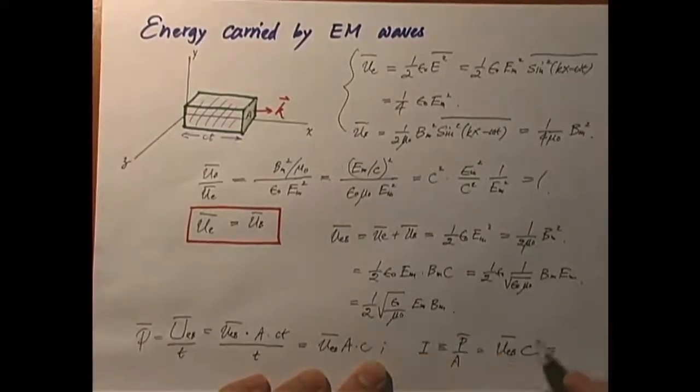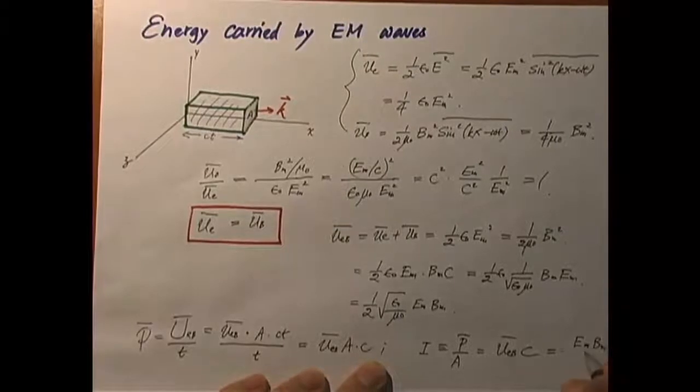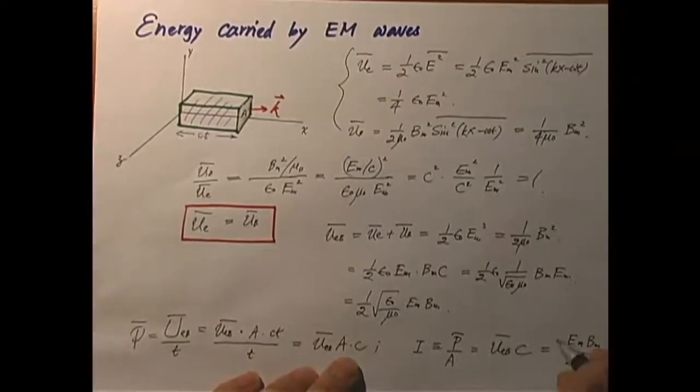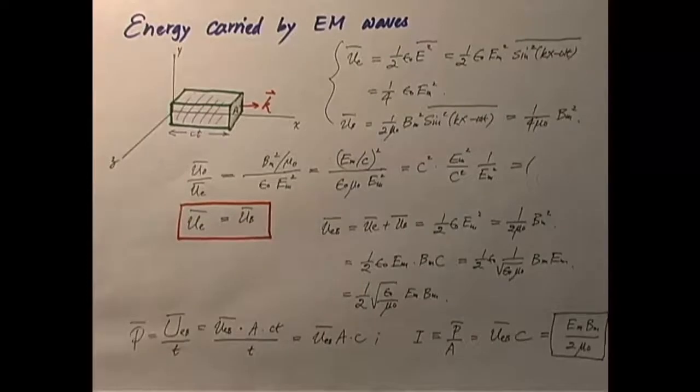You take this times the square root of epsilon naught cancels, square root of mu naught times the square root of mu naught. You get E maximum B maximum over 2 mu naught. Okay, so this is the expression for the intensity carried by a plane electromagnetic wave, whose amplitude of the electric field is E maximum, whose amplitude of the magnetic field is B maximum.